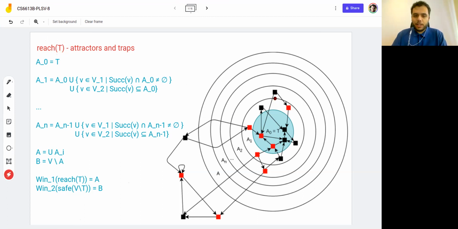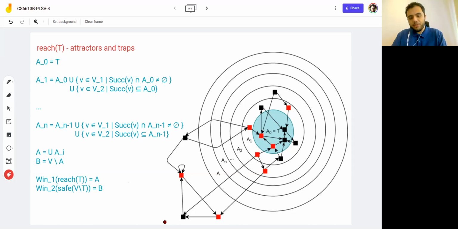The idea of attractor was basically this set A, which is defined like this. The intuition was that if you start the game at a vertex inside of A, then player one can force the game to visit the target set T. But in this session, what we are more interested in is the complement of an attractor.